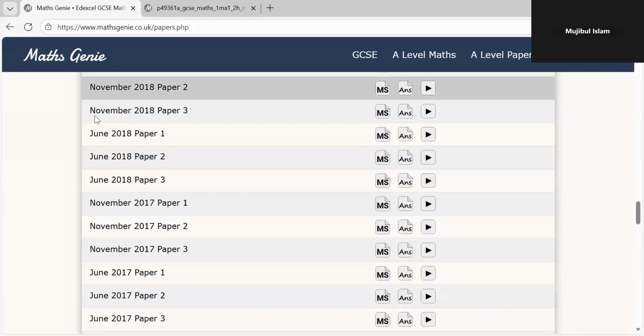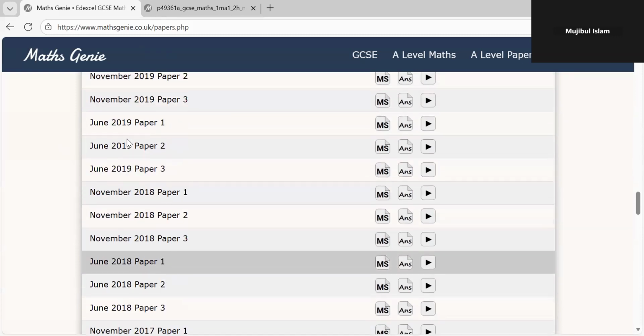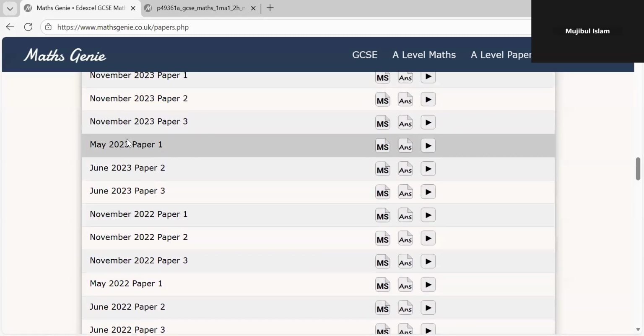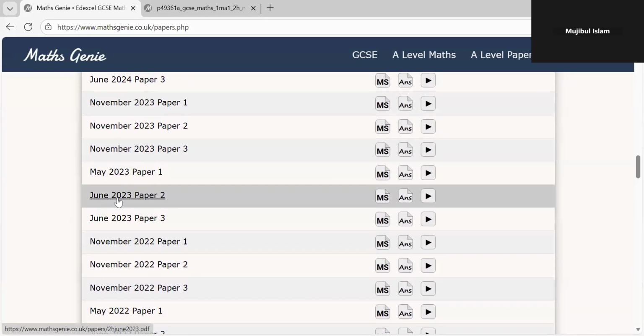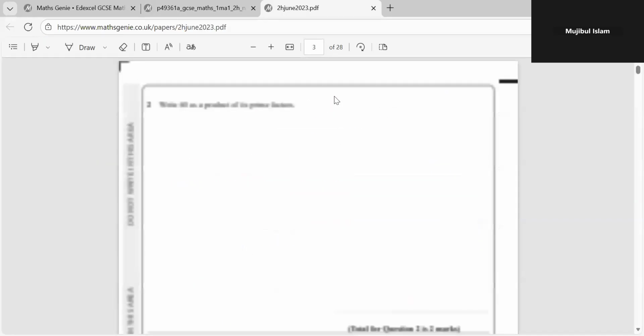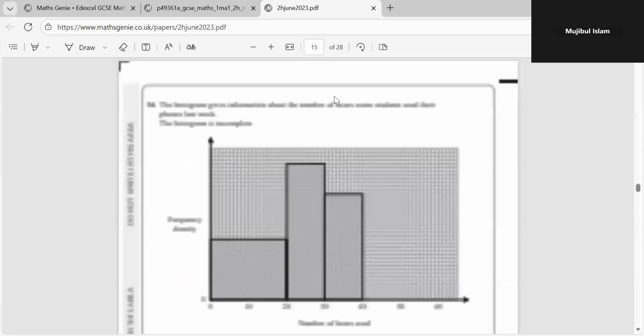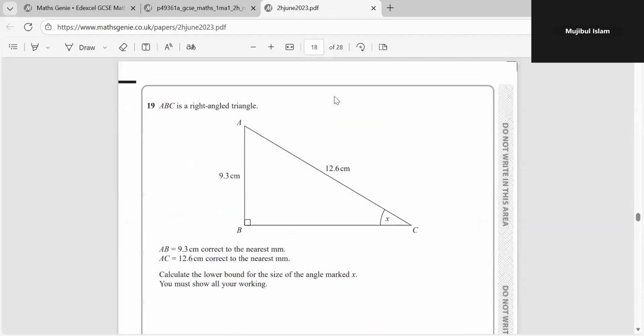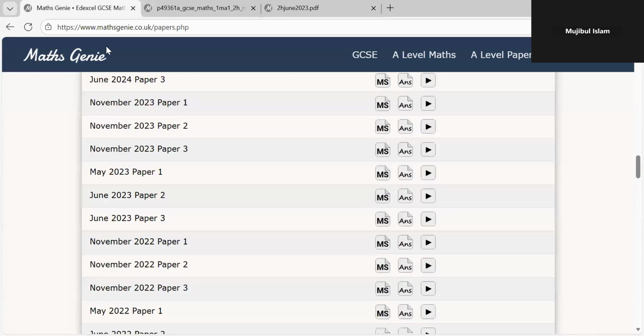This was paper 2, June 2023, question number 19. Yeah, that's the one.